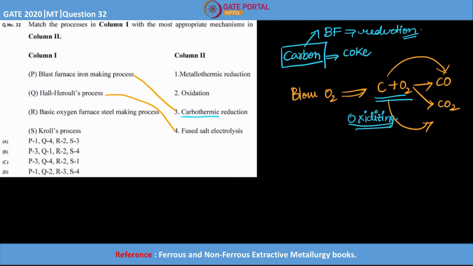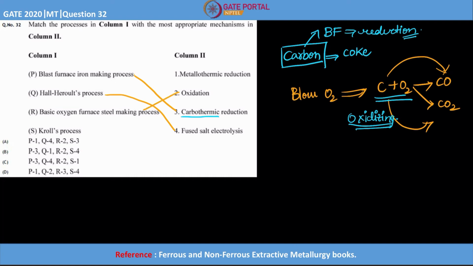The purpose in the blast furnace is to extract iron, whereas the main purpose of steel making is to refine your iron by removing impurities like silicon, aluminum, phosphorus and carbon. All these elements have to be removed, and you do that by oxidizing them. So your basic oxygen furnace is an oxidation technique.